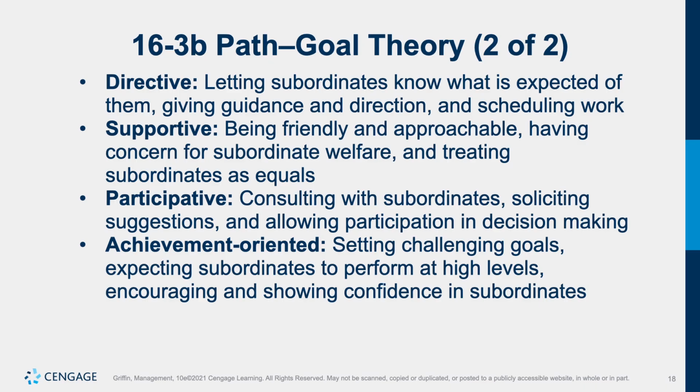So how confident are they about how well their efforts could actually impact the outcome of their tasks? Now, environmental characteristics that have to be assessed may include factors outside the subordinate's control, such as the task structure, the formal authority system, and the nature of the work group, how cohesive the work group is.